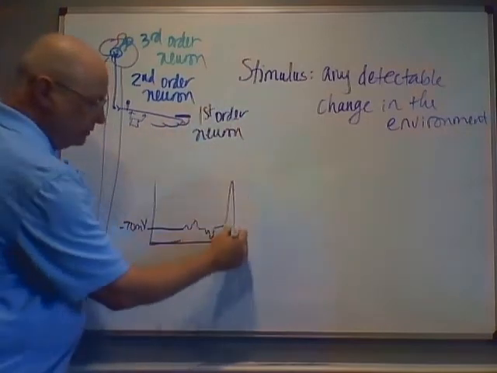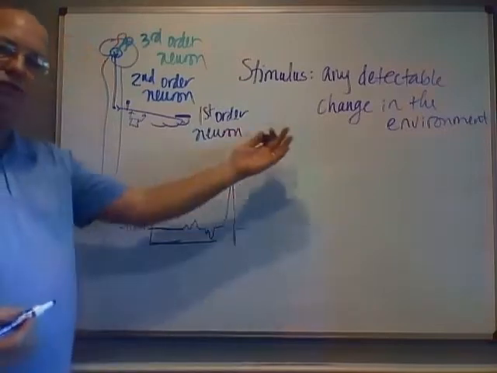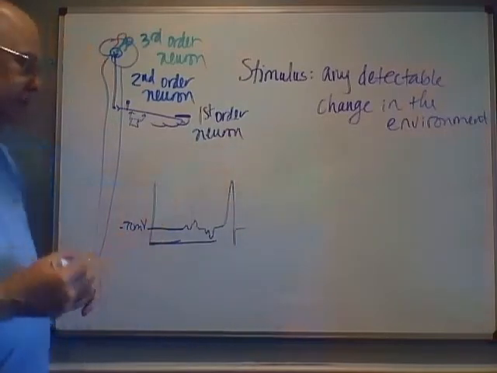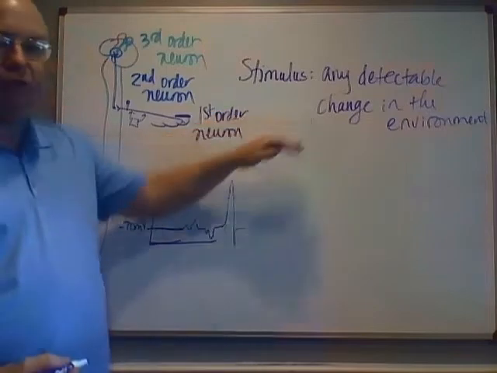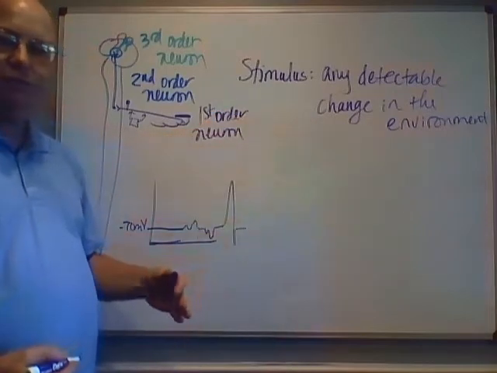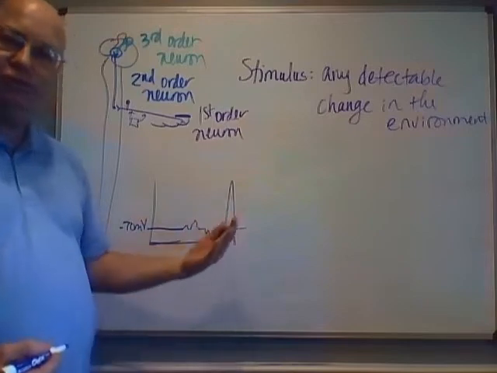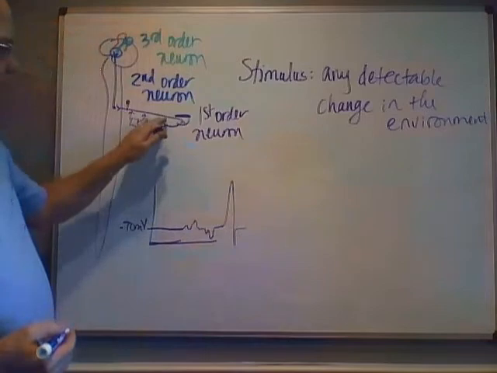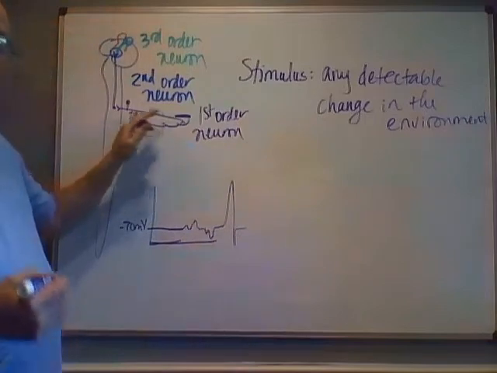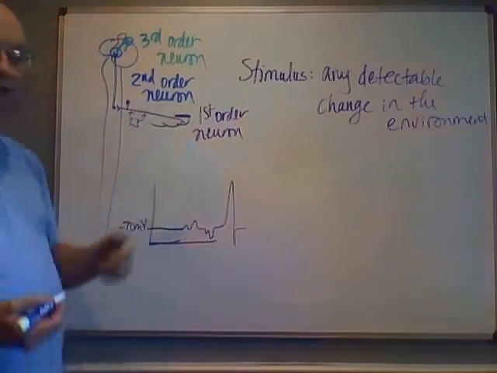If it fires an action potential, then that changes from a stimulus into what we call a sensation. But for now, a stimulus is anything that alters the resting membrane potential of your receptor cell or first order neuron. So anything that alters the resting membrane potential of this first neuron, at least in the general senses, is going to be called a stimulus.